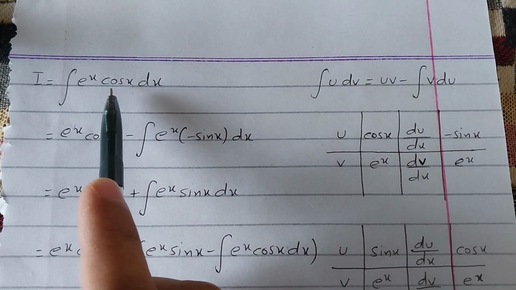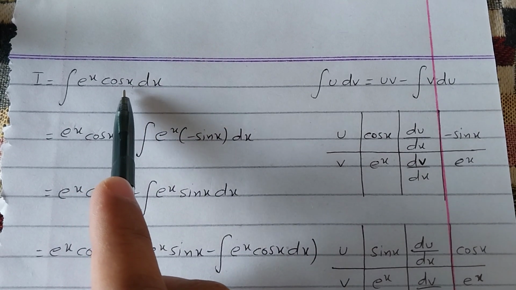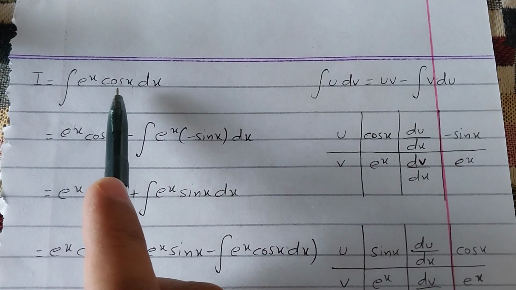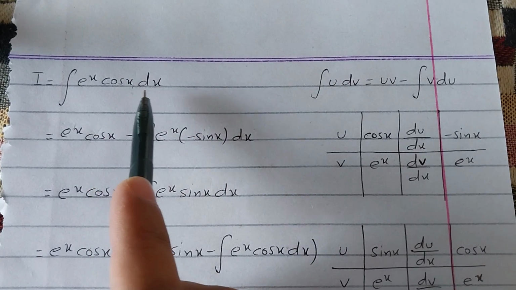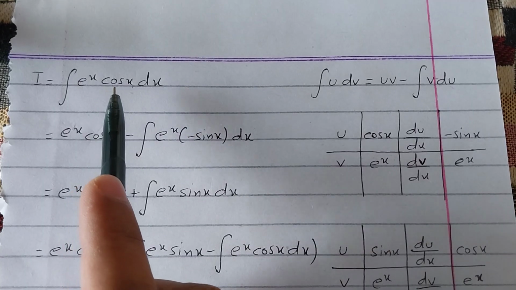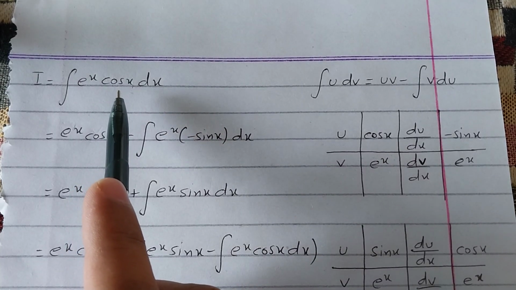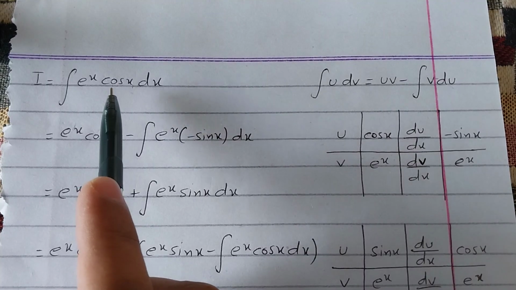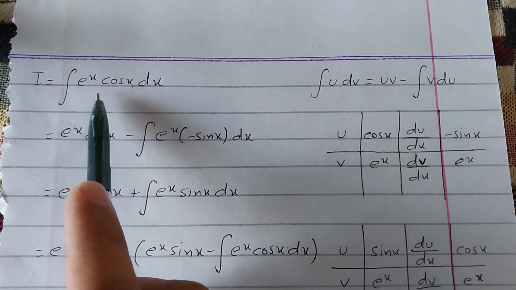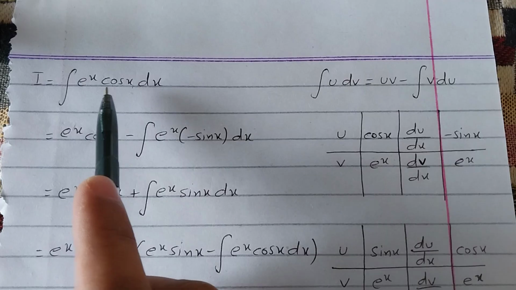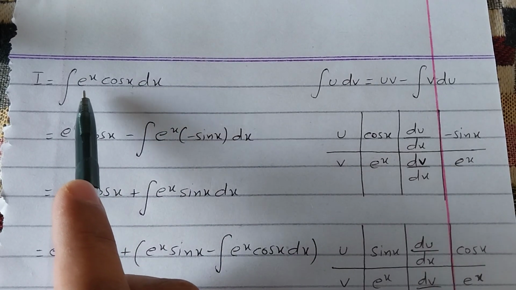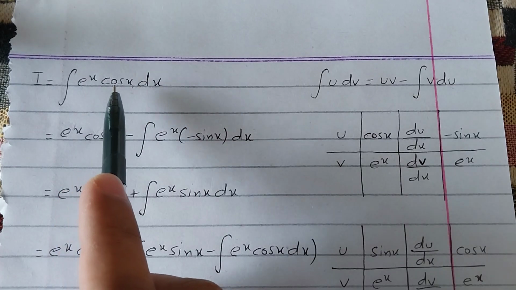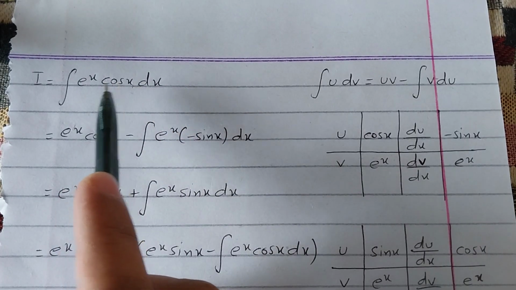If there was cos inverse of x, we would have let that cos inverse of x be u and not dv by dx, because to integrate cos inverse of x would have been difficult. But in this particular case, no inverses are present, so we can either take e to the x as dv by dx or cos x as dv by dx.